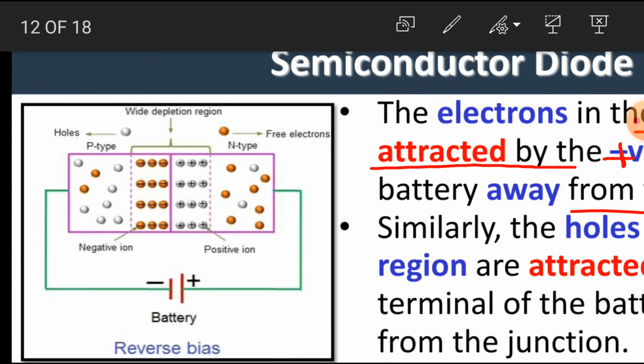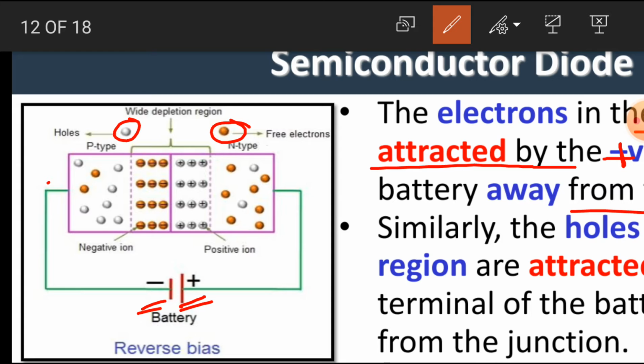What happens here? Here the n-type semiconductor is connected with the positive terminal of the battery and the p-type semiconductor is connected with the negative terminal of the battery. We know that in n-type semiconductor, electrons are the majority charge carriers and in p-type semiconductor, holes are the majority charge carriers.